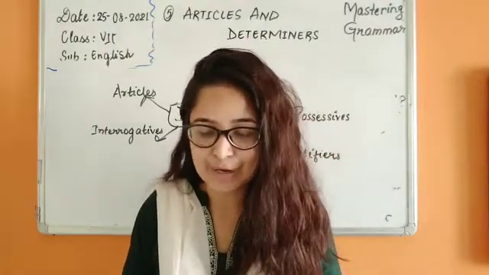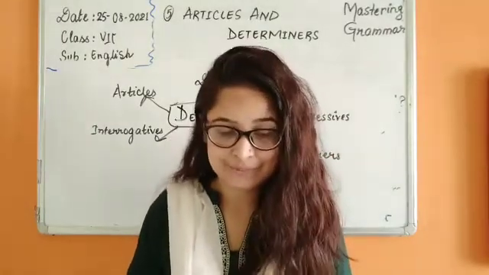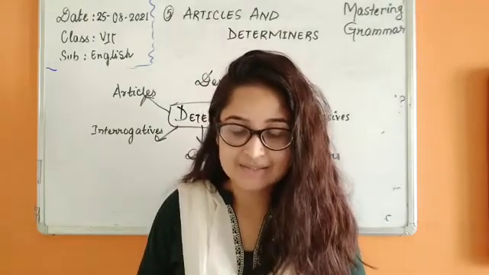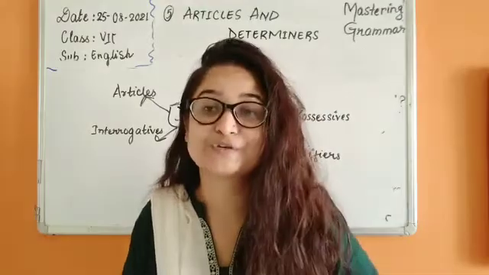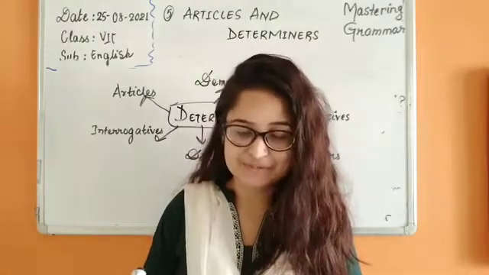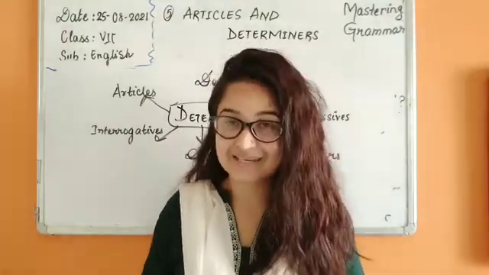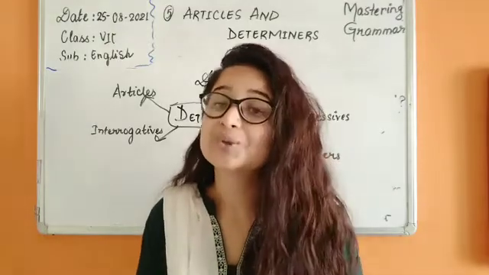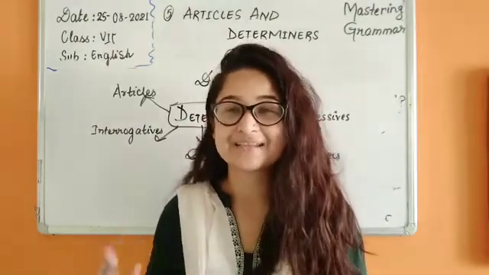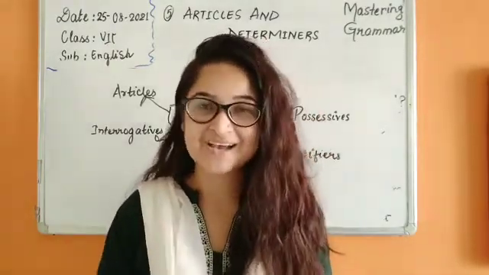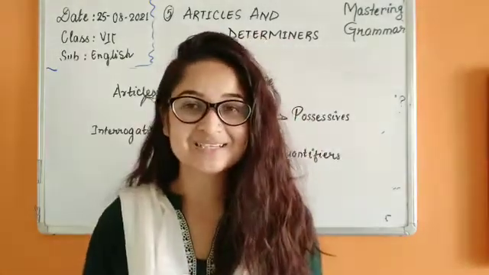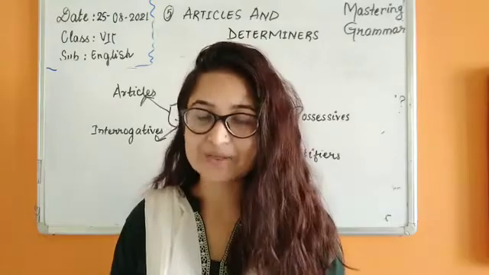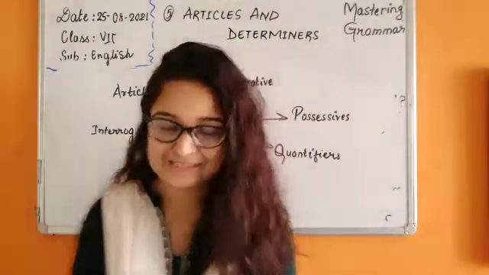Determiners come before nouns and point them out. They can be articles, demonstratives, possessives, quantifiers, distributives, and interrogatives. Now let's study articles first. You already know, children, from our previous classes that you have learned about articles, but we are going to learn about them in detail now.